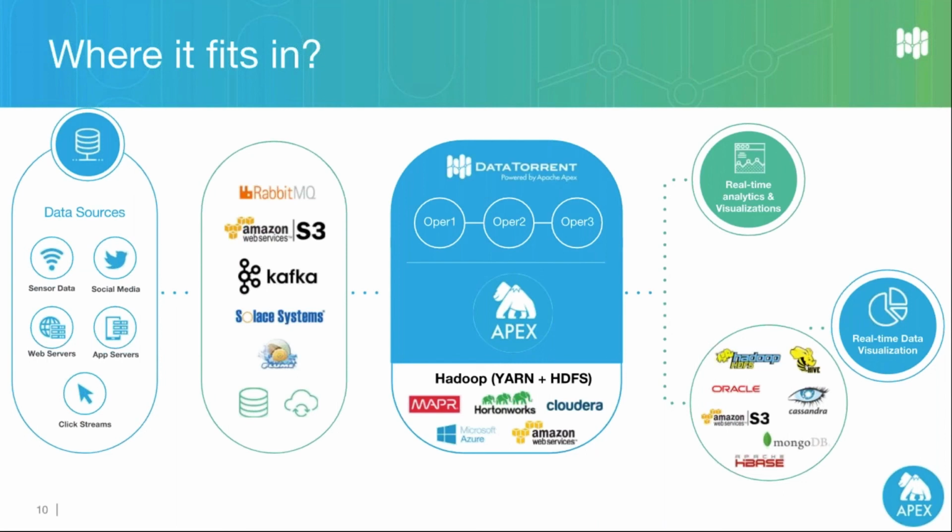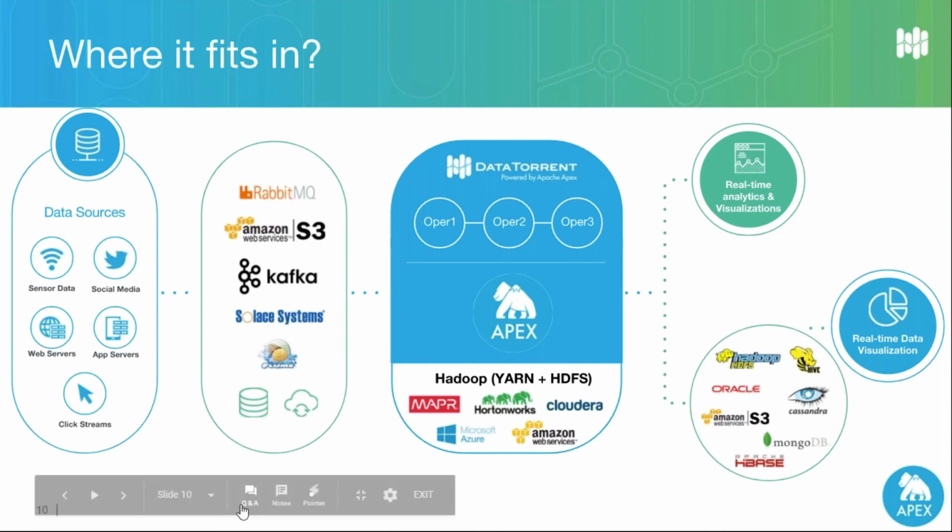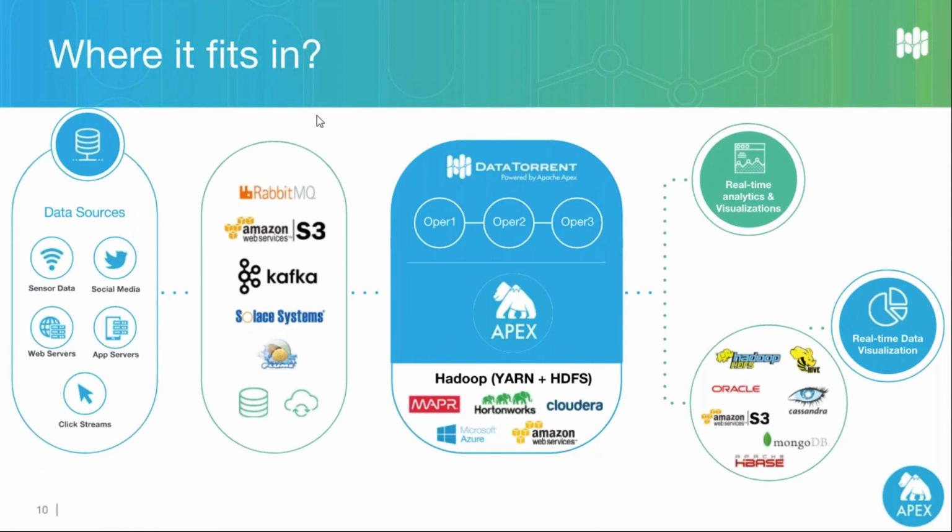So what we have done is rely on some message serving layer. In this case, it could be Kafka because we are talking about microservices architecture, but there could be other systems by which you can get in your data, right? Your data is originally produced from something like web server logs or click streams or sensor data, and ultimately it lands in some sort of message serving layer, and Apex pulls data from this layer.